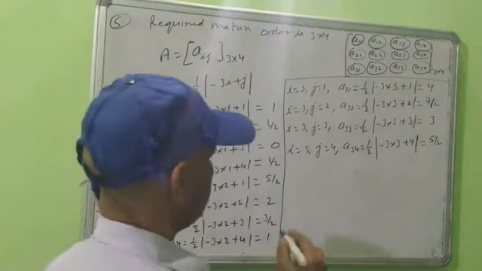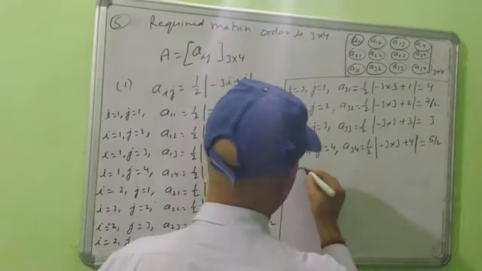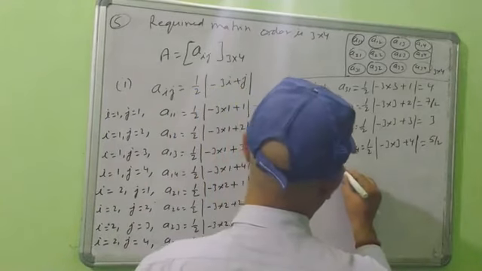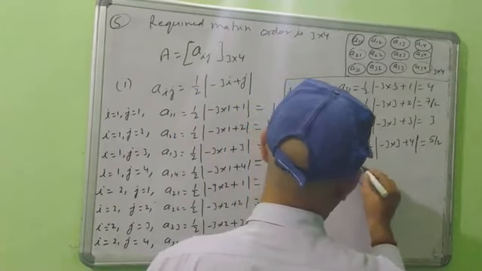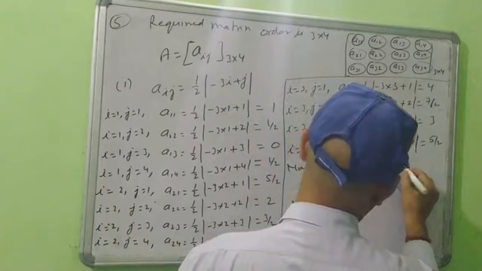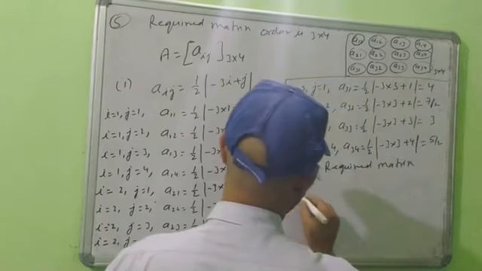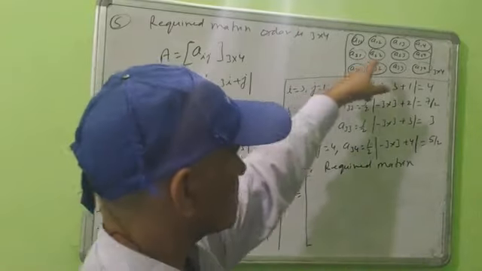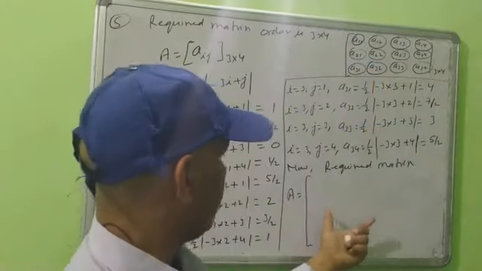So now you will write your answer. Now the required matrix A here. According to these addresses, you will fill in the answers here.